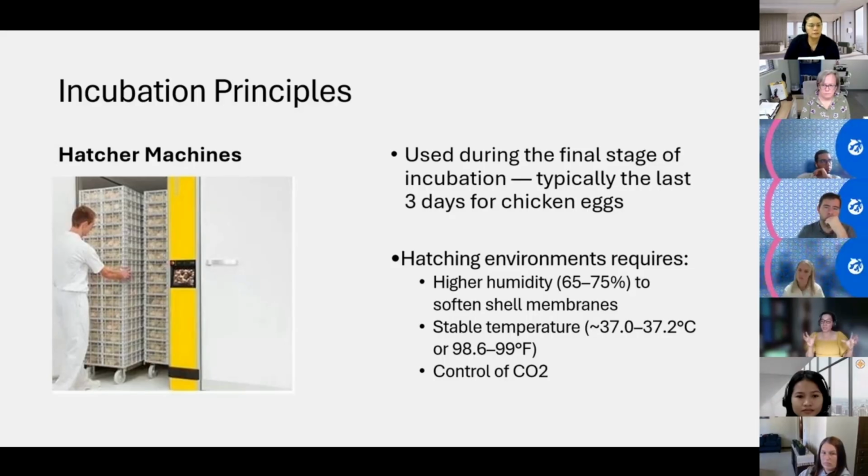So both machines act similarly, but they might control the conditions in a different way. As I say, for one big machine like the setter machine, you will probably require 6 of these hatcher machines. Do you have any questions?